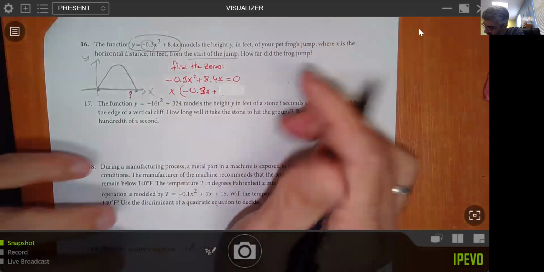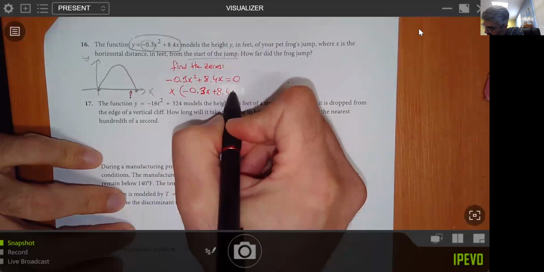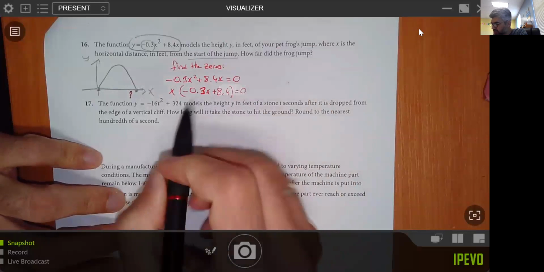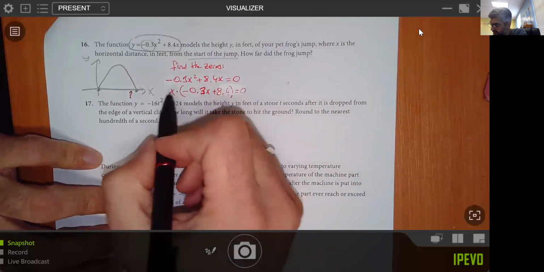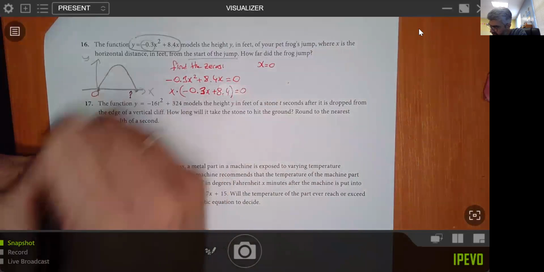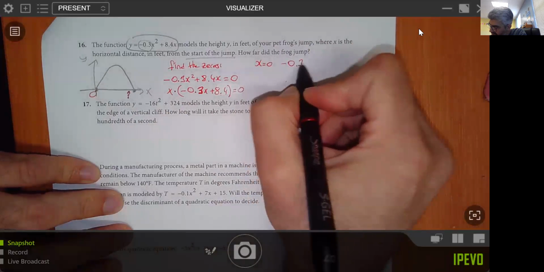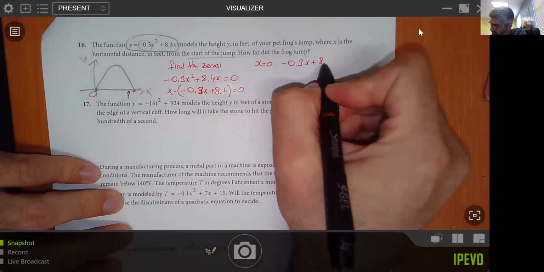To find the zero of the function, we have the factors. From here, x is equal to 0. And negative 0.3x plus 8.4 equals 0.